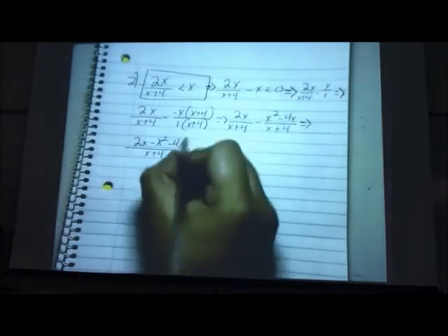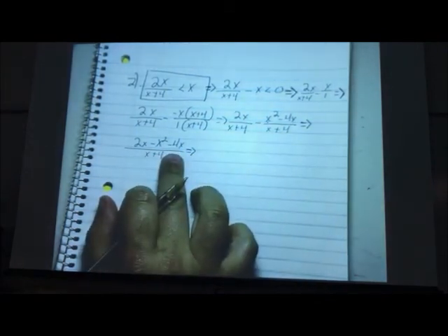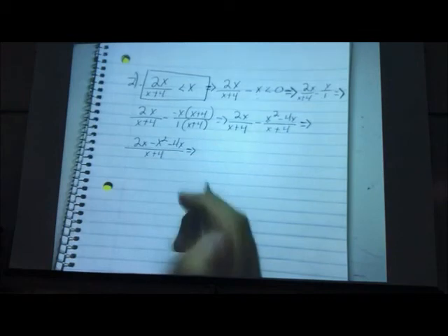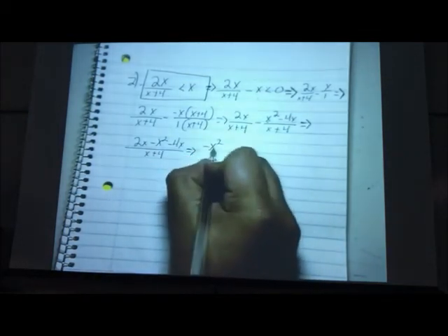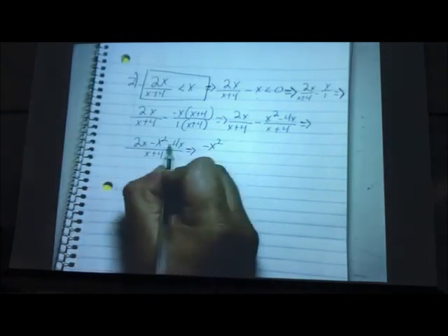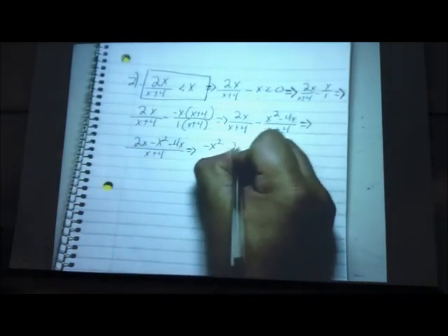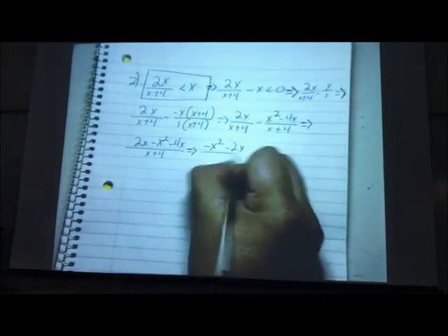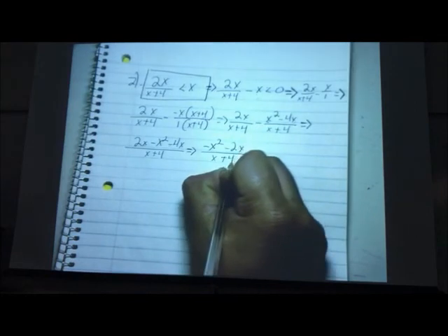So then this, we need to combine like terms. The top has like terms that we can combine. Here we're going to end up with negative x squared because x squared should go first. 2x minus 4x gives us negative 2x. Does everybody see how that happened? Yes. All over x plus 4. We're good?